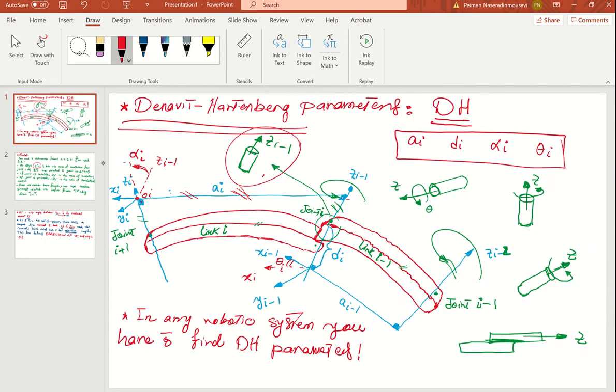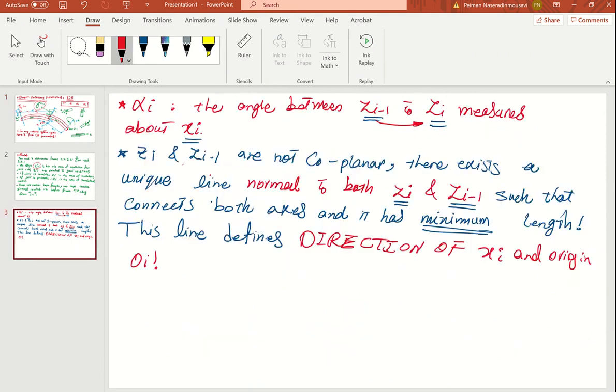After plotting that, it intersects the zi, right? So this direction is xi, and you have the OI. Now it's going to be very easy. How to define yi? Use the right hand rule for yi.